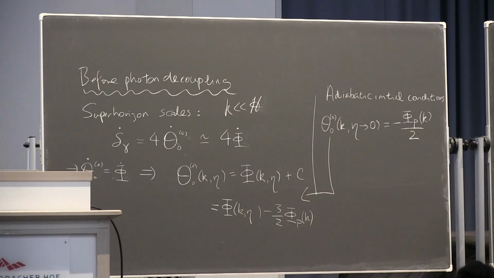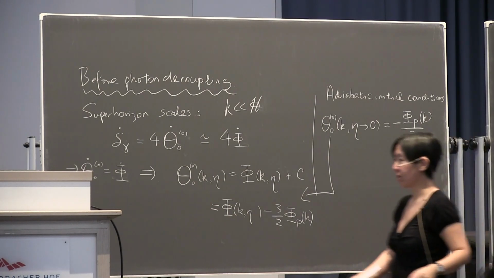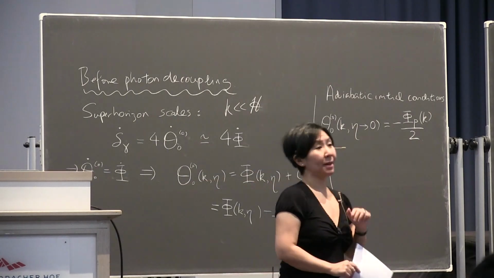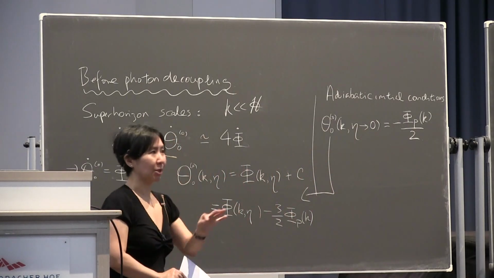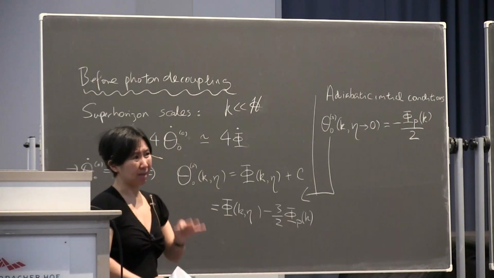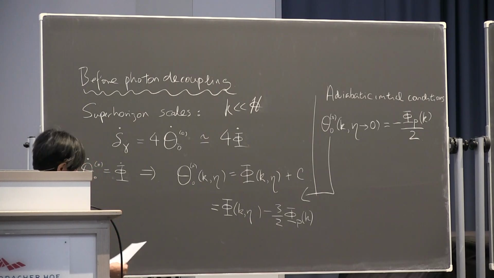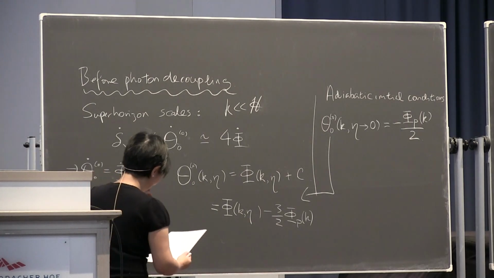Now, photon decoupling is obviously something that happened in the early universe, but it actually happens during matter domination. Not very deep in matter domination, it's a little bit after equality, but nonetheless it's still matter domination when photon decoupling happens.